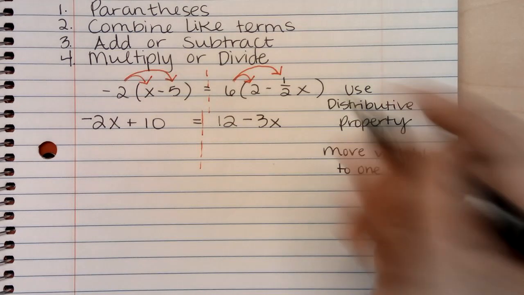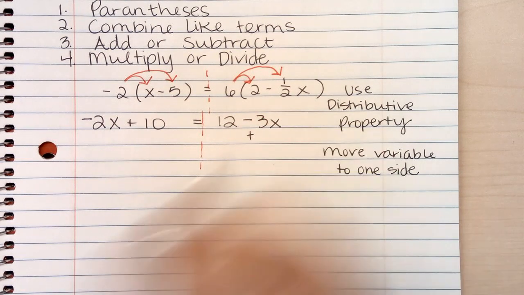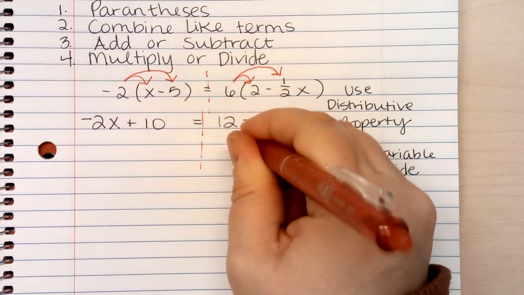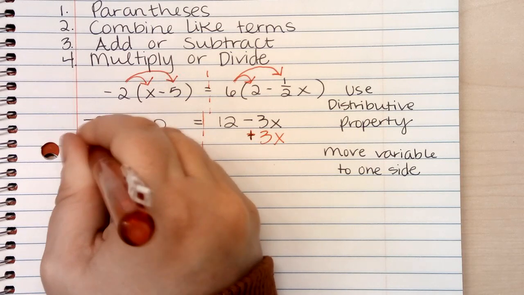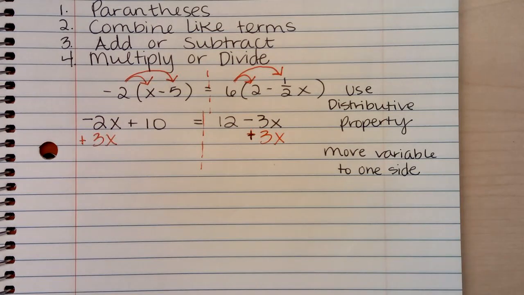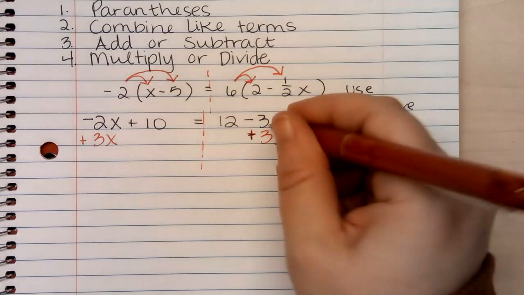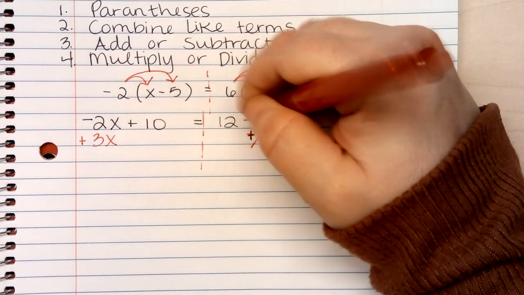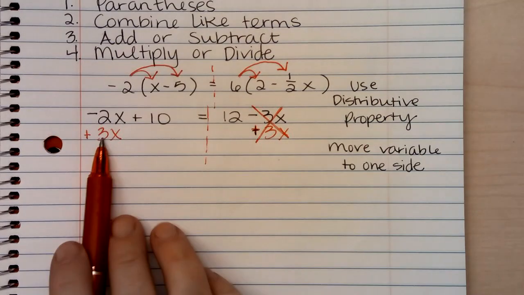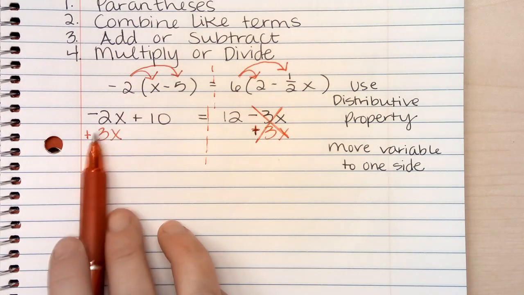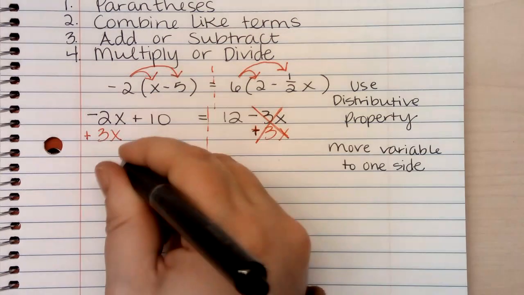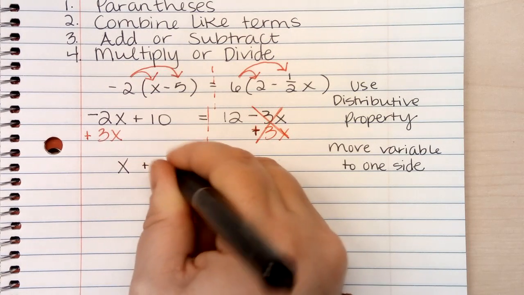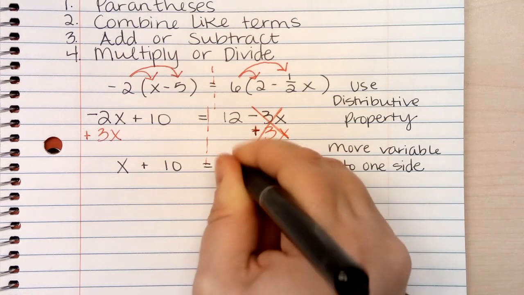I'm going to add 3x to both sides. Now, when I do that, we know that this side will cancel out. This side, -2x plus 3x is 1x. So I'm just going to write x plus 10 equals 12.